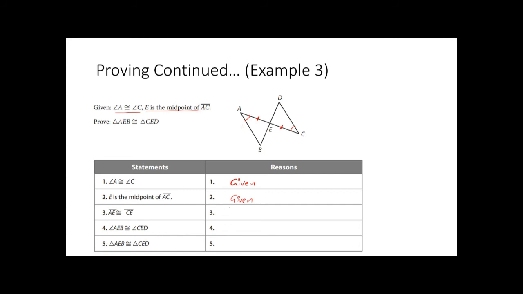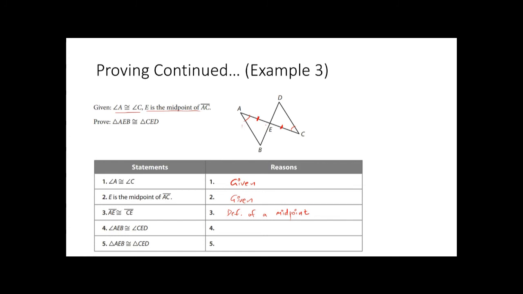So AE is congruent to CE because of the definition of a midpoint. And that was from step 2. They told us E is the midpoint, therefore these two sides have to be congruent.